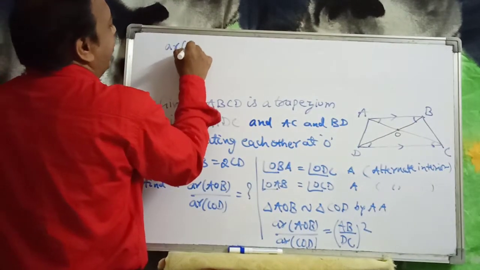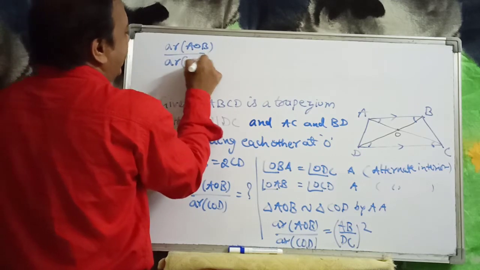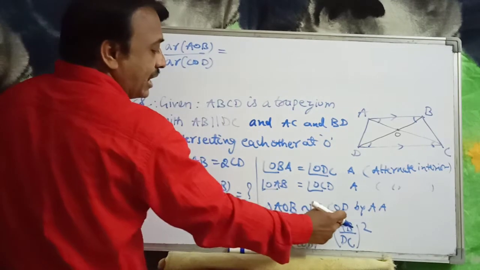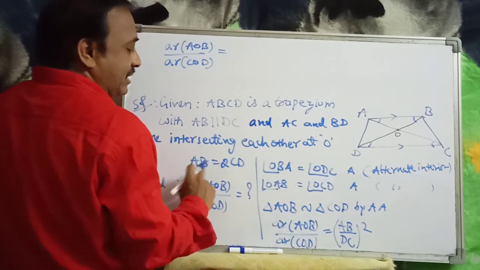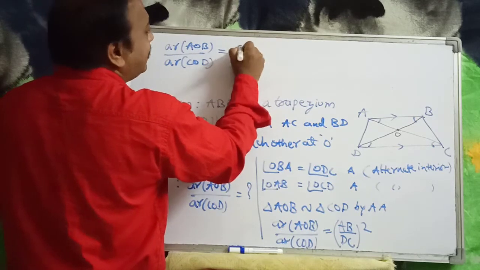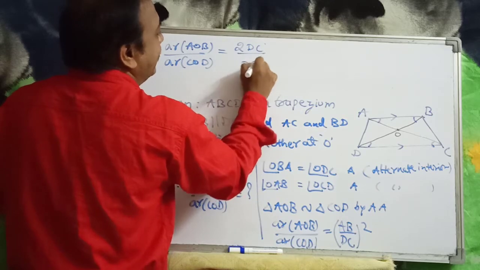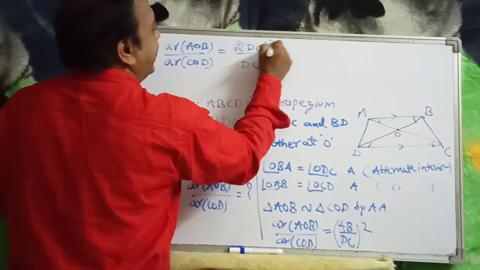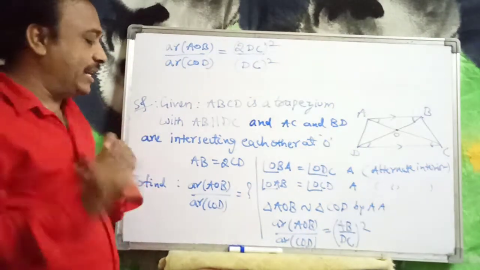Area of AOB by area of COD is equal to, in place of AB we are writing 2 times of DC, so 2 times of DC by DC, whole square, square applicable for both numerator and denominator.